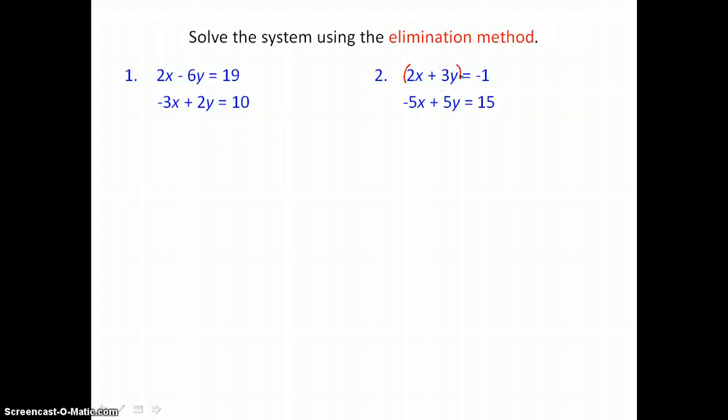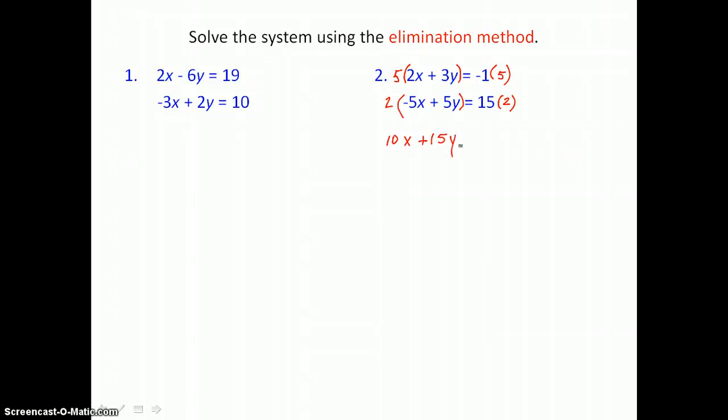I'm going to multiply both sides of this first equation by 5 in order to get 10x. And I'm going to multiply both sides of the second equation by 2 in order to get negative 10x. So distributing, 5 times 2x is 10x. 5 times 3y is 15y.